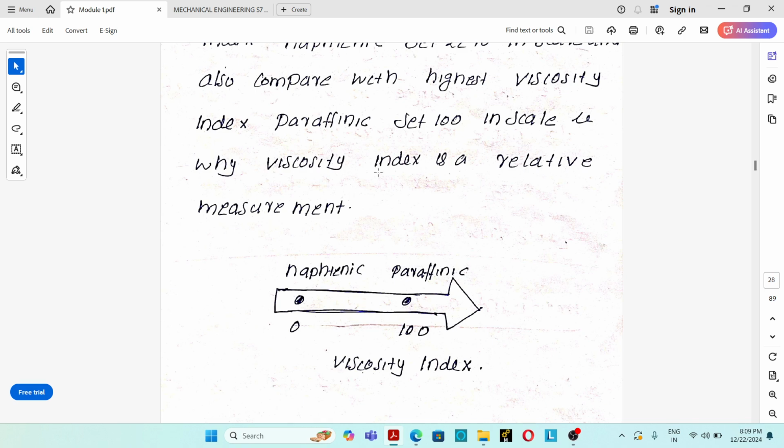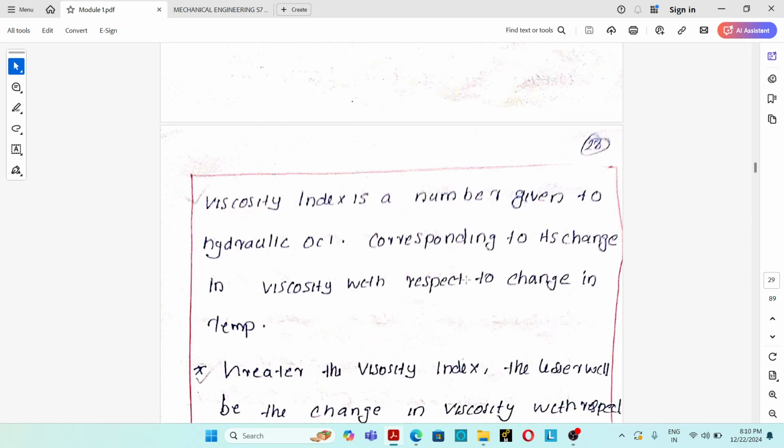So suppose we want to measure the viscosity index of a particular hydraulic oil, we are comparing the viscosity of that hydraulic oil with a zero viscosity index naphthenic oil and a 100 viscosity index paraffinic oil.